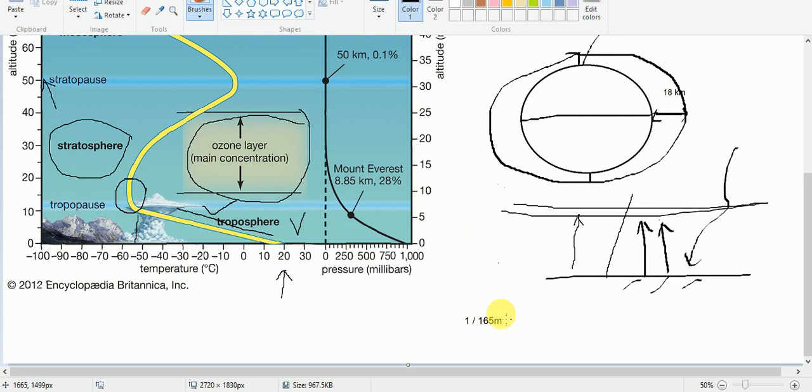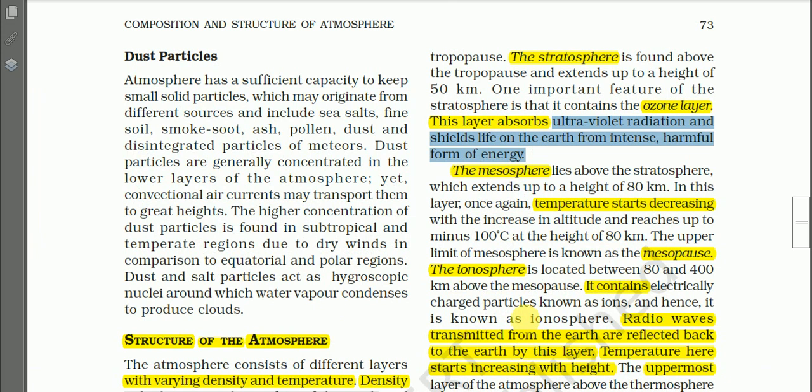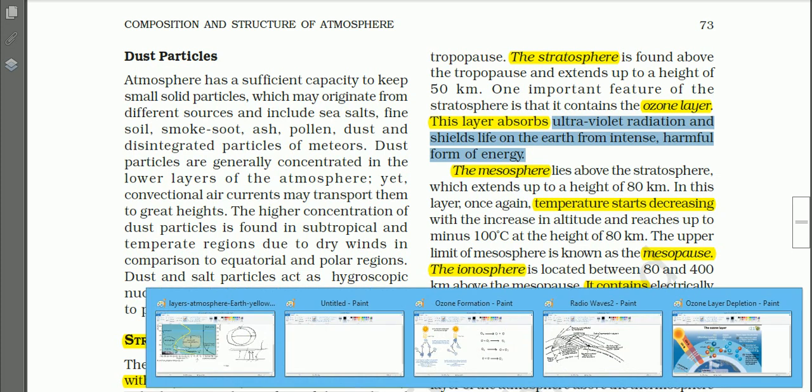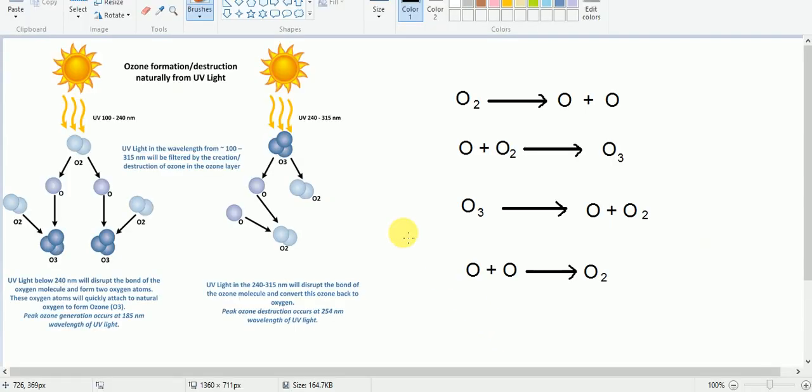We have just learned that this ozone layer absorbs ultraviolet radiation. Actually, it is mainly because of the formation of ozone that ultraviolet rays are used. So I will present one diagram.